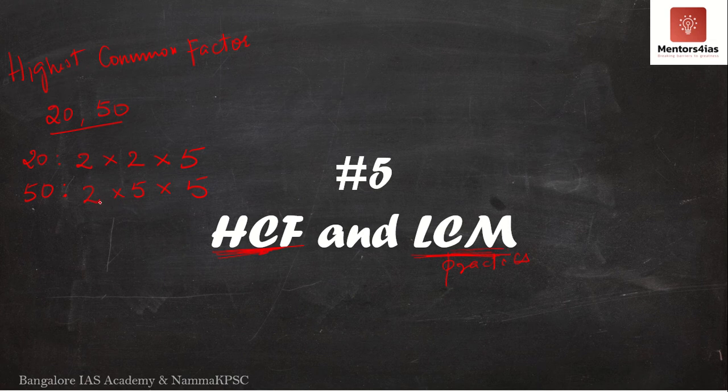So now, after representing these numbers as a product of their prime numbers, how do I identify the highest common factor? Now look at this. 2 is common, let me circle this 2. What else is common? 5 is common. This 2 is extra, I don't have it here. This 5 is also extra. After identifying the common prime numbers, I just have to multiply them.